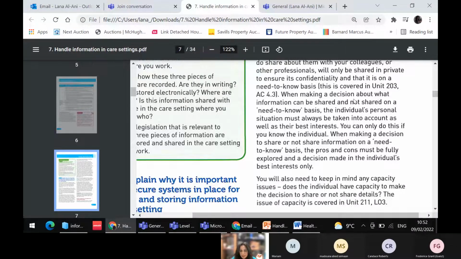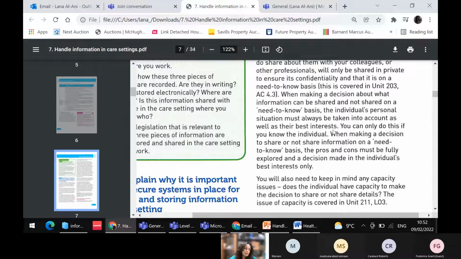And when you make a decision about what information can be shared and not shared on a need-to-know basis, the individual person's situation must always be taken into account, as well as their best interest. So when you share the information, you need to share it on the basis of need to know, and also regarding the best interest of the person.